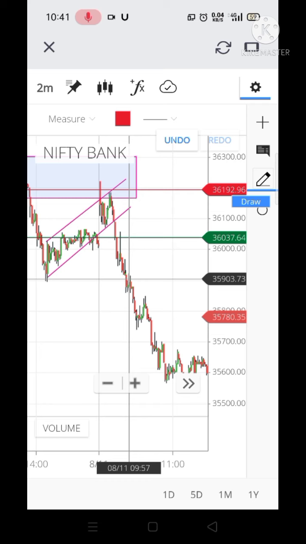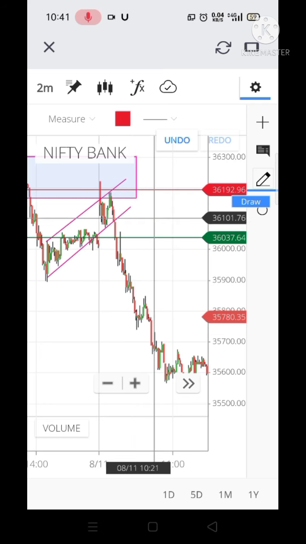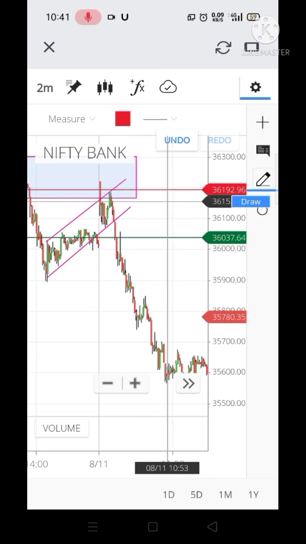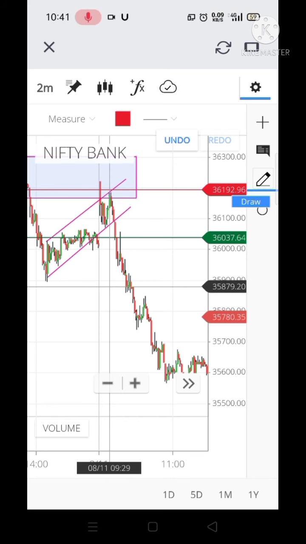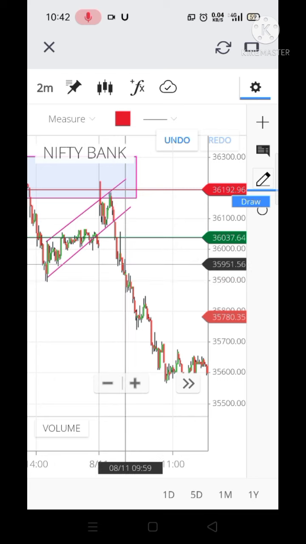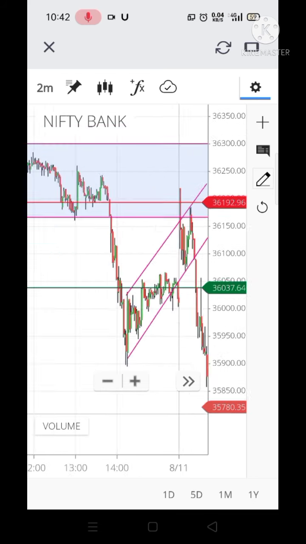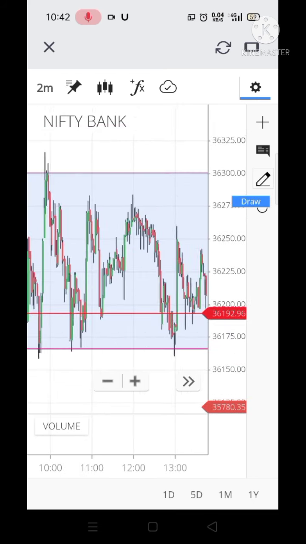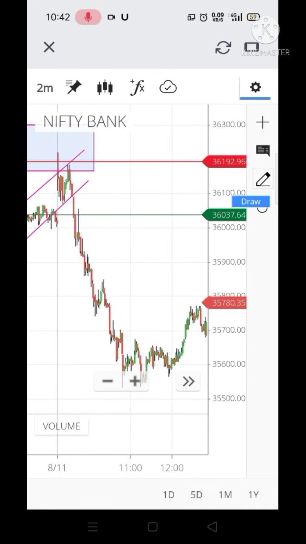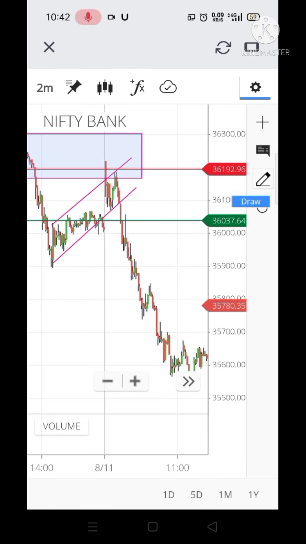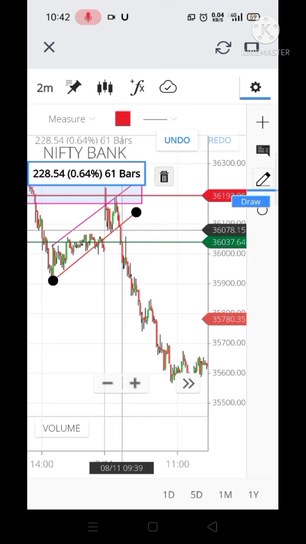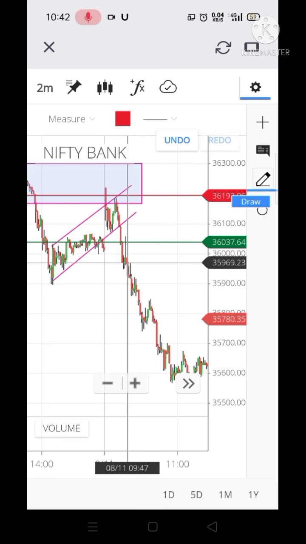I never take profit below 1:2. Since my stop loss is 150 points, my ideal target should be 300 points. And after this huge consolidation phase, I was quite sure that the market would give a big target today. So from this point I was waiting.